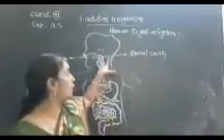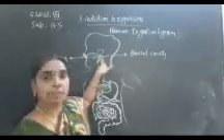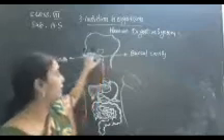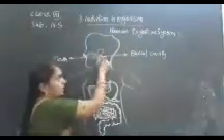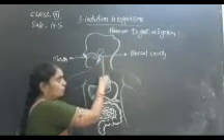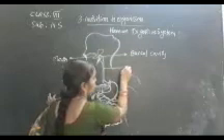Here the carbohydrate digestion takes place inside the buccal cavity. Okay, the digestion starts in the buccal cavity. From there it moves through the pipe, this tube-like structure.